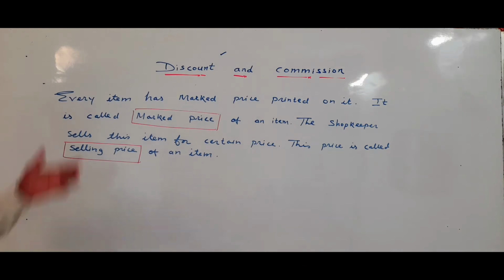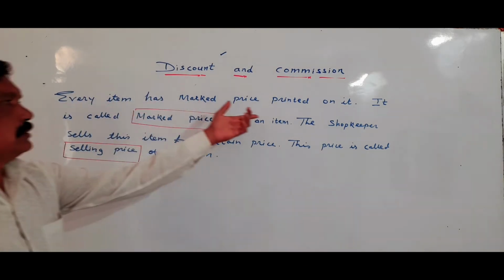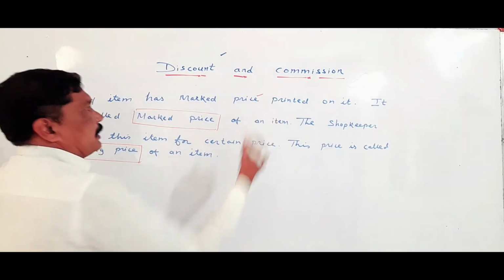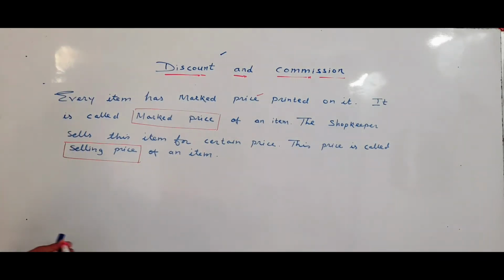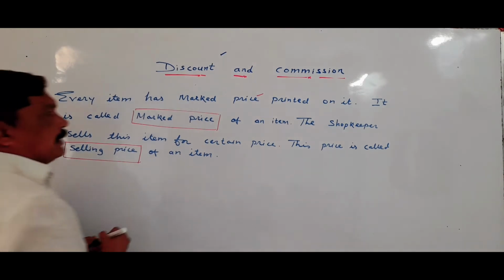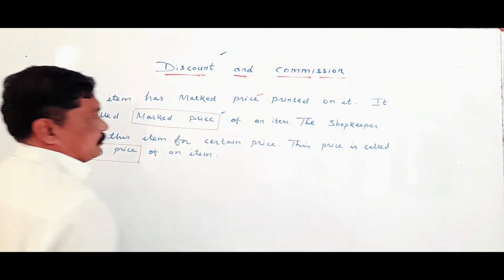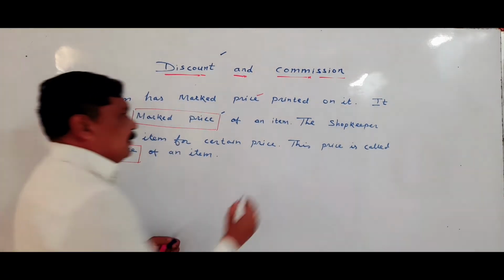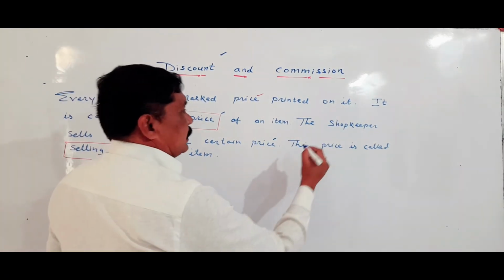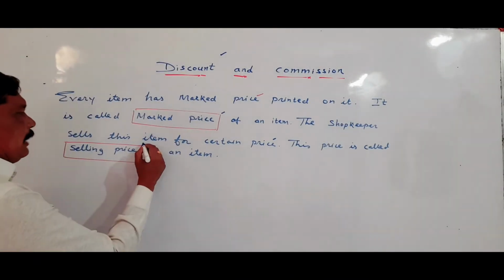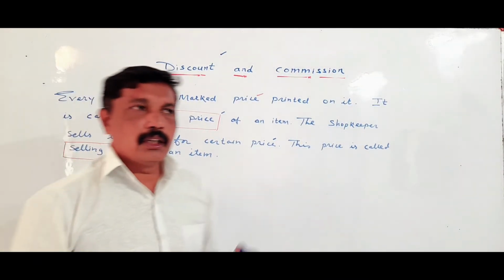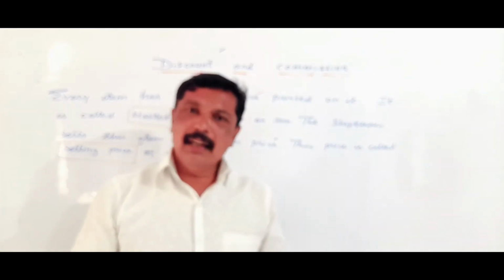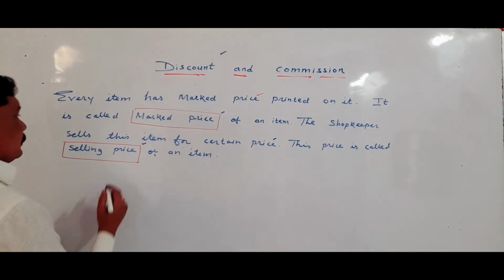My dear student, every item has a mark price printed on it. It is called the mark price of an item. The shopkeeper sells this item for a certain price. This price is called selling price because it is associated with selling of an item and therefore it is called a selling price.